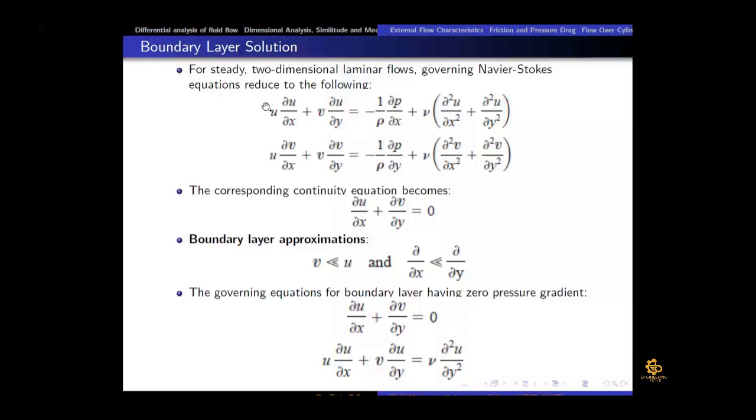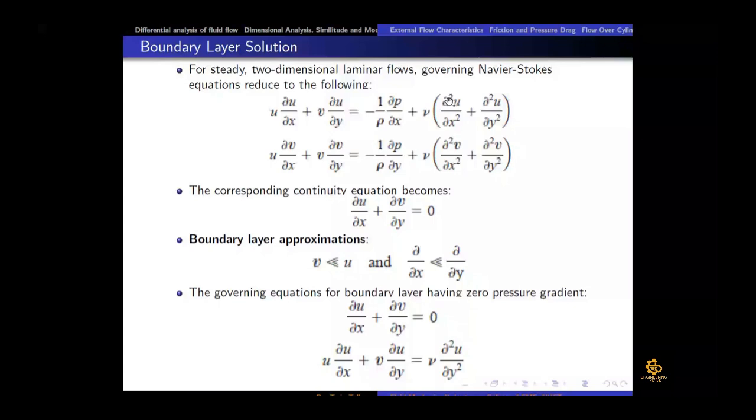And then v velocity is approximately equal to 0, so we have taken it equal to 0. And then, because partial u by partial x is very small, if we take the gradient of a very small quantity, it would be even smaller. So we can neglect that first term, and we are left with this equation.